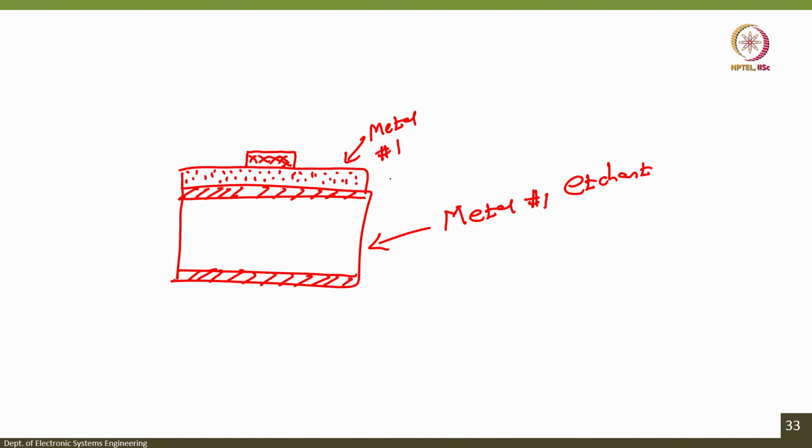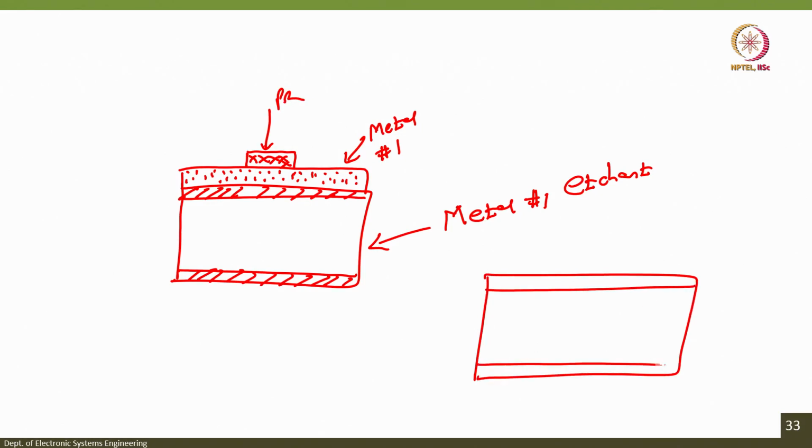All the metal will get etched except the metal which is protected by this particular photoresist, is it not? Metal will get etched except the region which is protected by the photoresist.